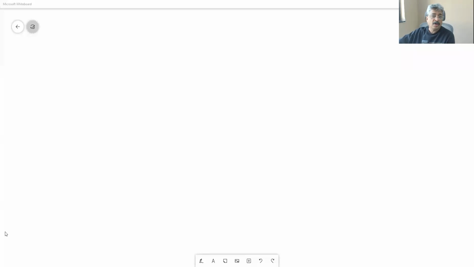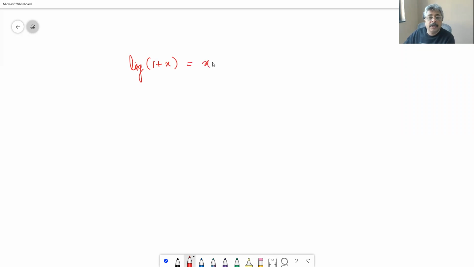Okay, so after deriving all the expansion series, let us take a couple of examples to use these series. Log 1 plus x to the base e, we have already written as x minus x square by 2 plus x cube by 3 minus x to the 4 by 4 plus and so on.